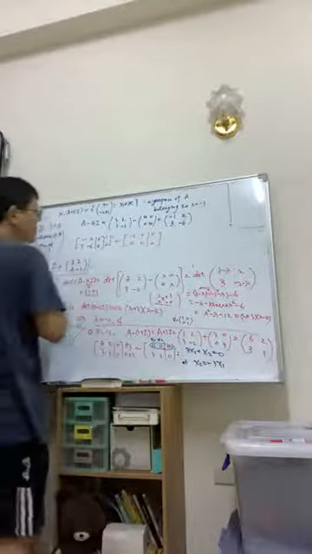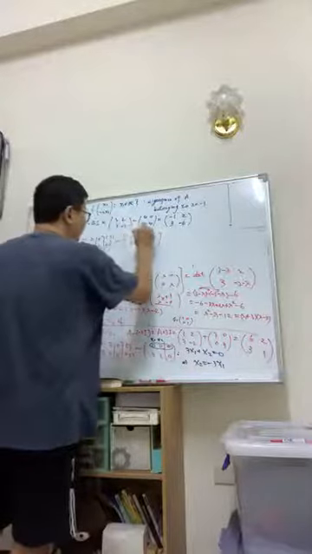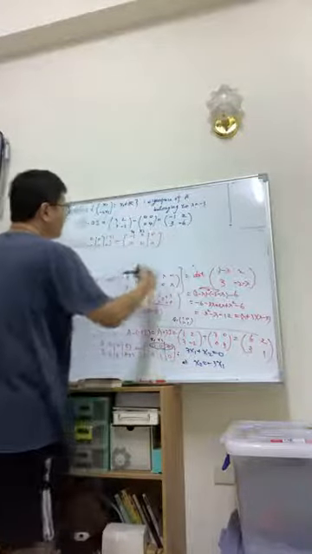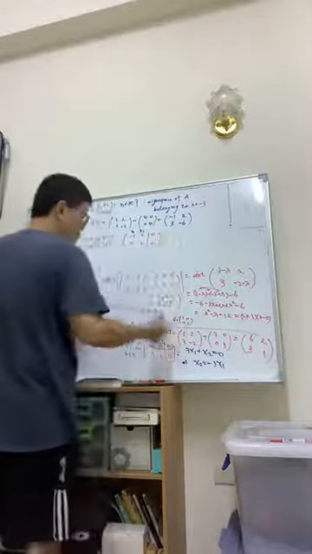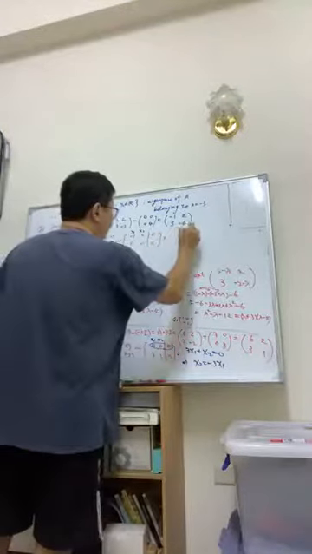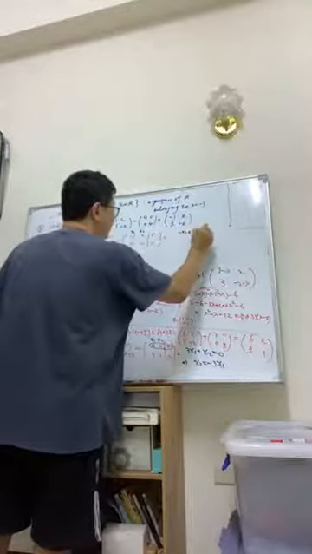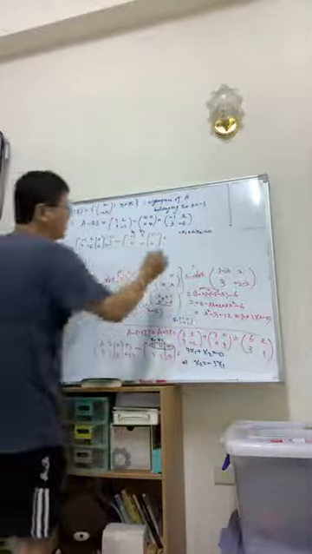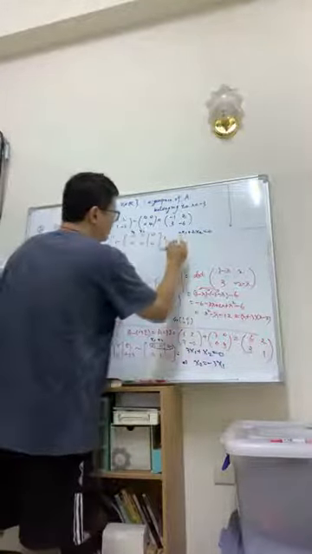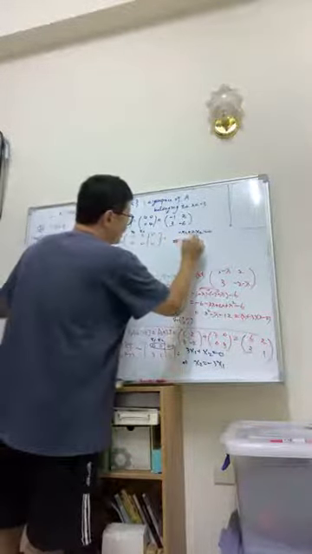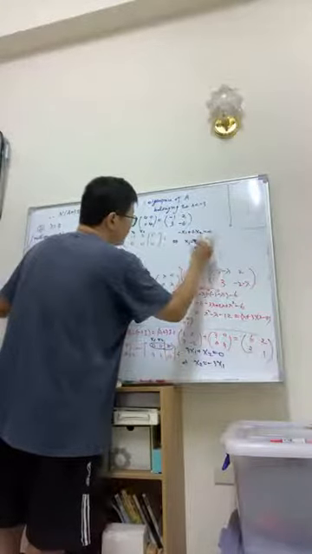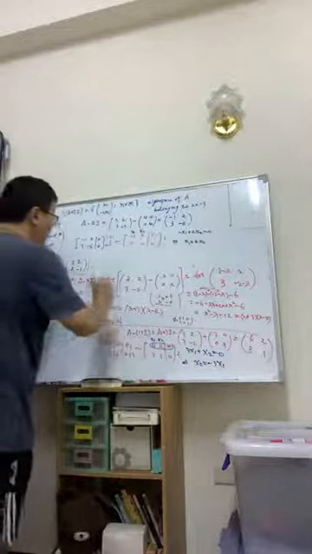It's enough to write down the solution set, because in this case, it means negative x1 plus 2x2 equals 0. So you can write x1 equals 2x2.